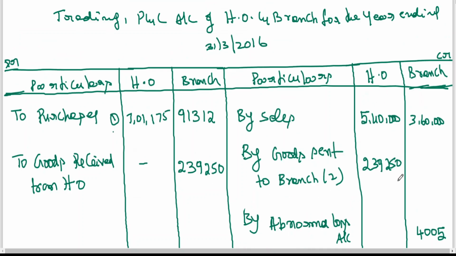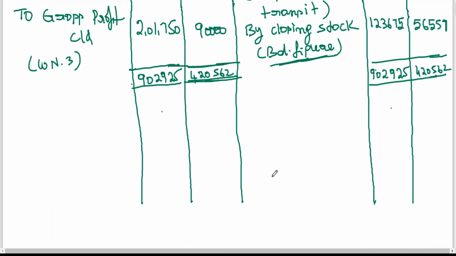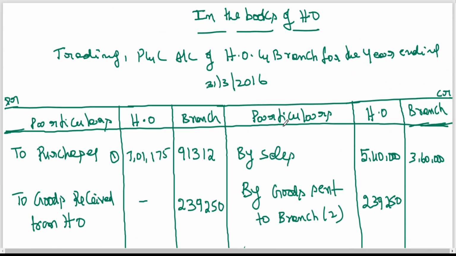We are getting a closing stock of 56,557, which is your balancing figure. Clear to all of you? Closing stock is the balancing figure: 1,23,675 and 56,557. Then we can continue.